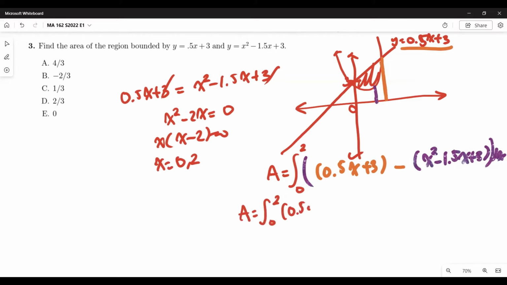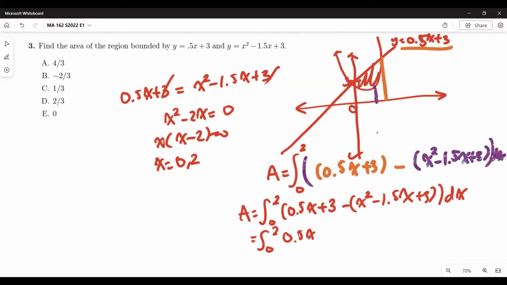Of (0.5x + 3) - (x^2 - 1.5x + 3) dx. So if you do the calculation, 0.5x + 3 - x^2 + 1.5x - 3 dx.